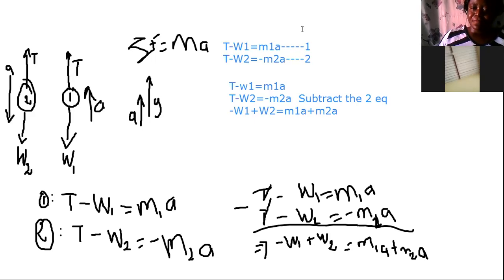Unless I just put them the way they are. It's not the way they are. Just take the weight 1 as it is, and then, okay, look at this. We have two equations.